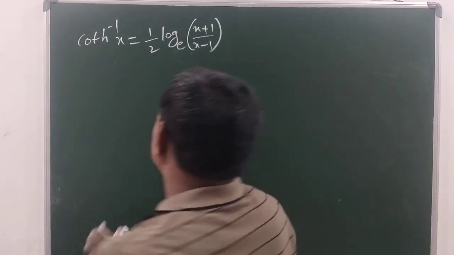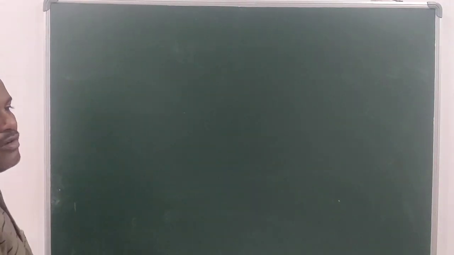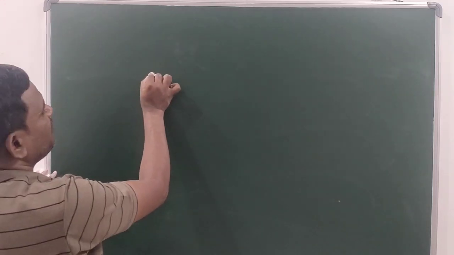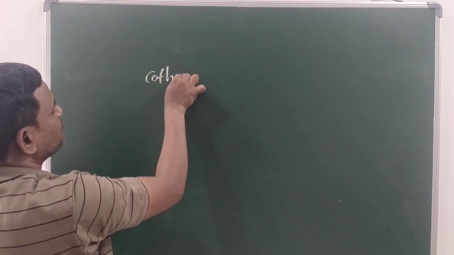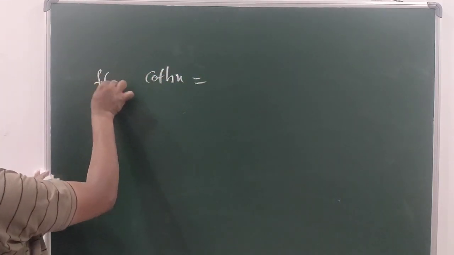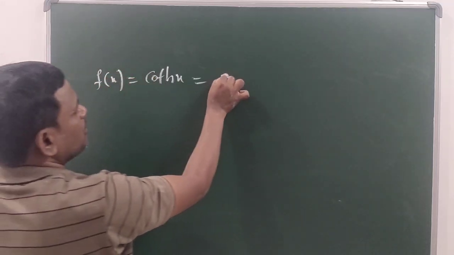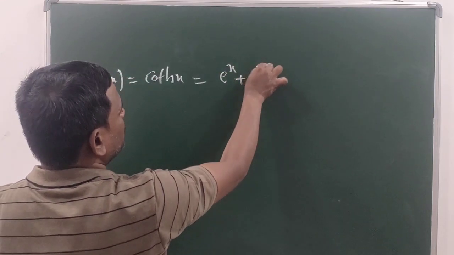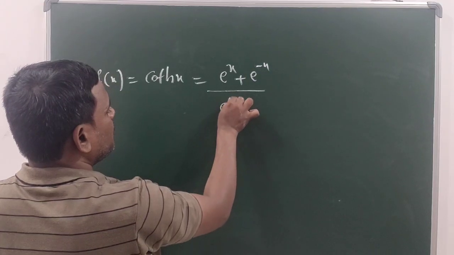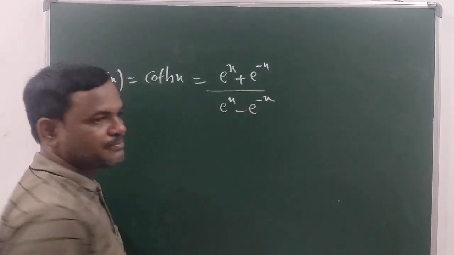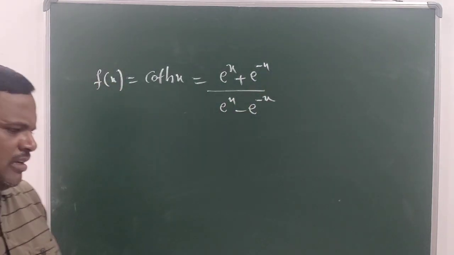Okay, now what is the fundamental definition of coth x? Let it be f of x, which is equal to (e^x + e^-x)/(e^x - e^-x).